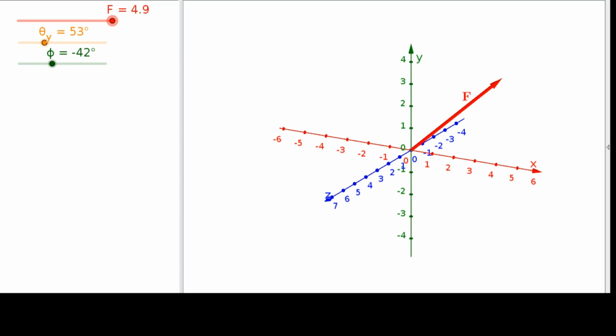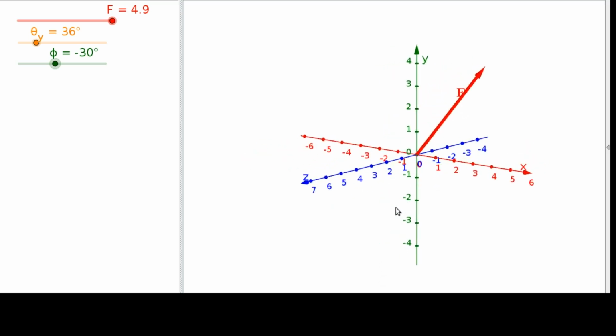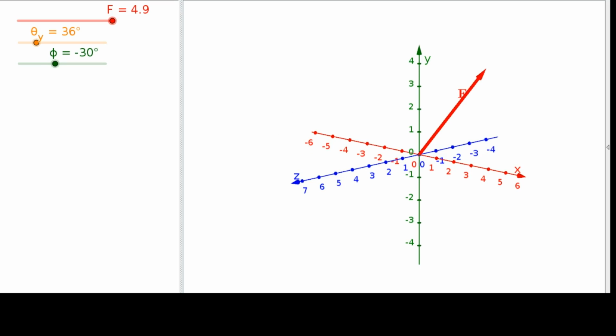Magnitude is represented by its length. And its direction in 3 dimensions, we're actually controlling it with 2 angles. So we have angle theta y and an angle phi. Now to help see this vector, a lot of times if you have an application like this, you can actually move it and you can kind of see the vector.